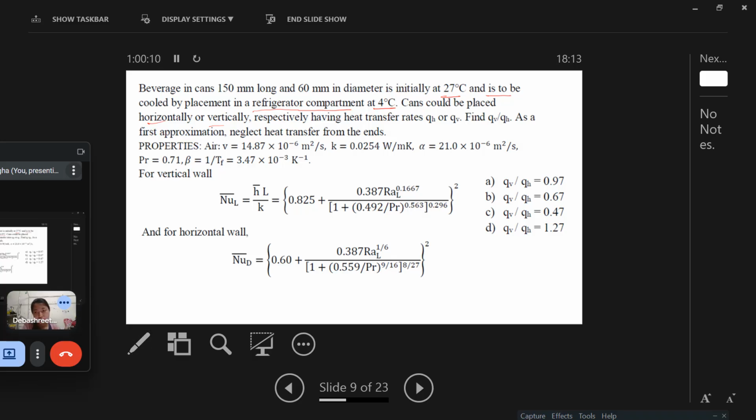So according to how it is placed, the Rayleigh number will change, that characteristic length will change, respectively having heat transfer rates as QH or QV.